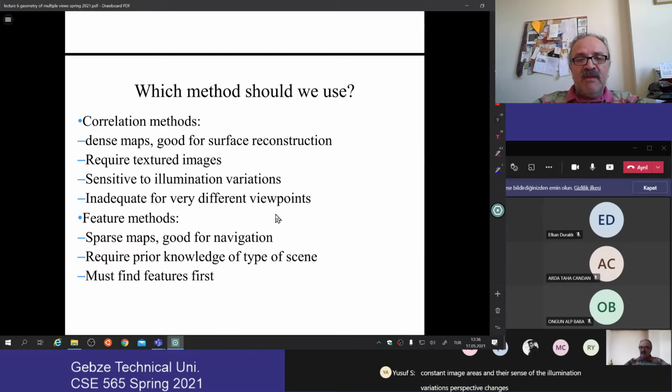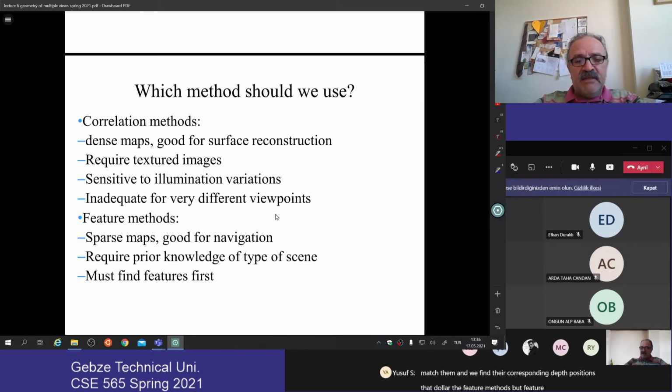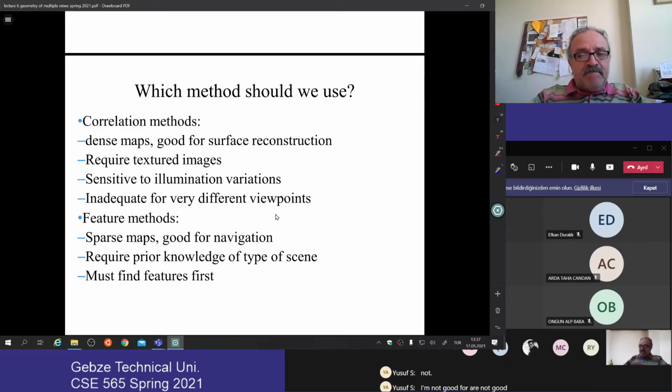For that, we have the feature-based method. That means that we find the points of interest, okay, on the left and right image, and we match them, and we find their corresponding depth positions. Those are the feature methods. But feature methods are not good for dense estimation of the images.